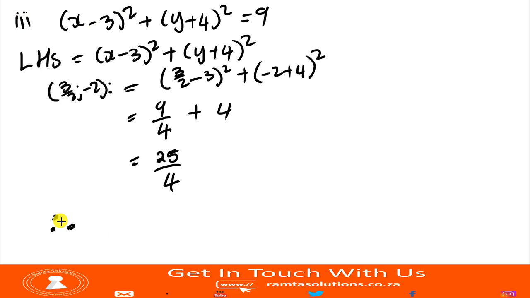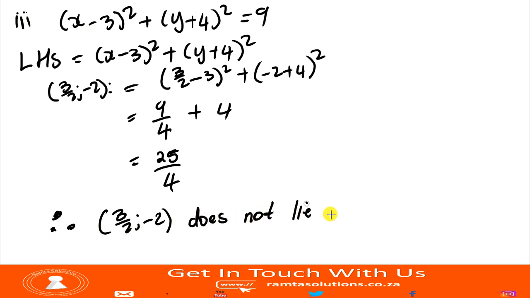So when we conclude, we say, therefore, the point 3 over 2 and negative 2 does not lie on the circle. To say it lies on the circle, when we substitute this value, it was supposed to give us 9.